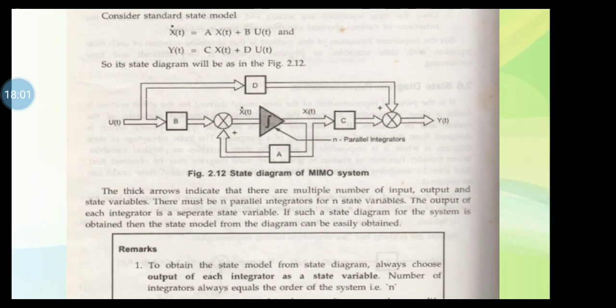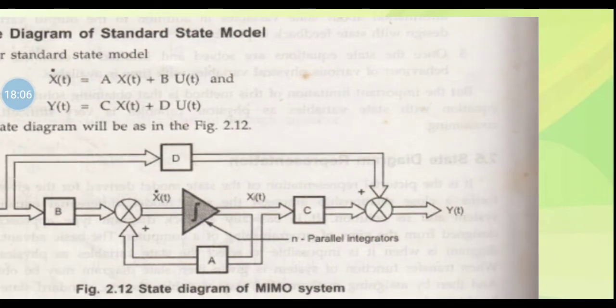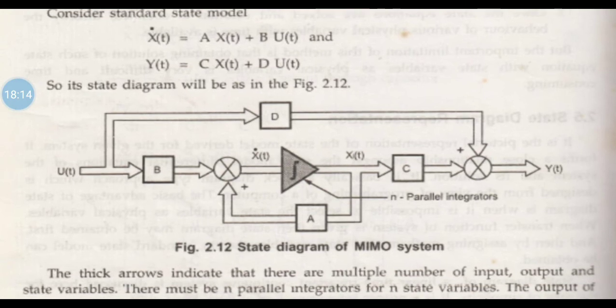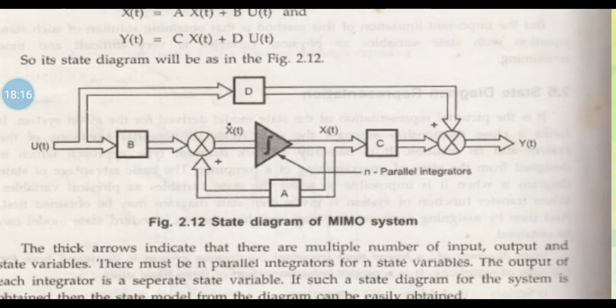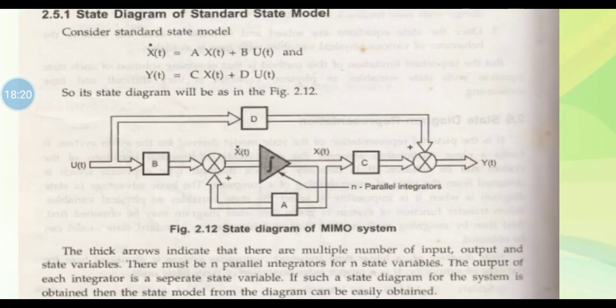Okay, so we'll consider the standard state model: x dot of t is equal to Ax of t plus Bu of t, and y of t is Cx of t plus Du of t. So, its state diagram is as shown. You can see here, what is the equation? Ax of t plus Bu of t.